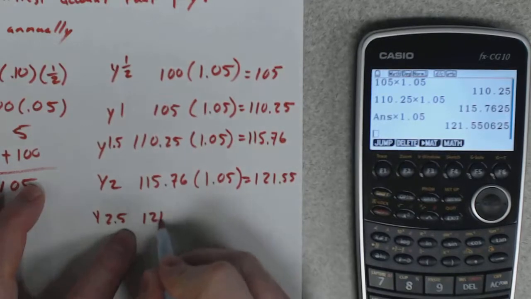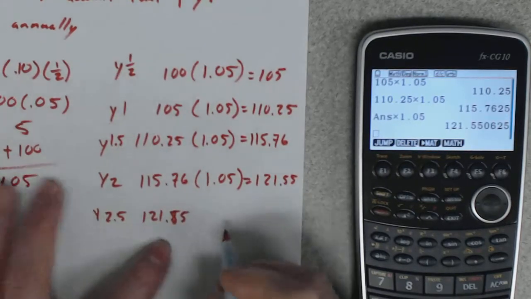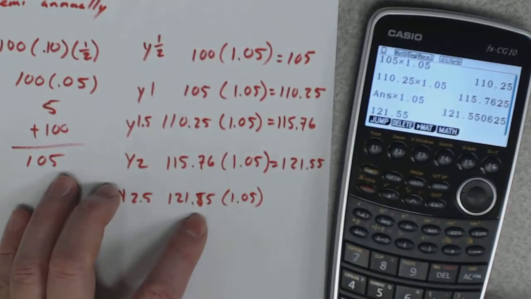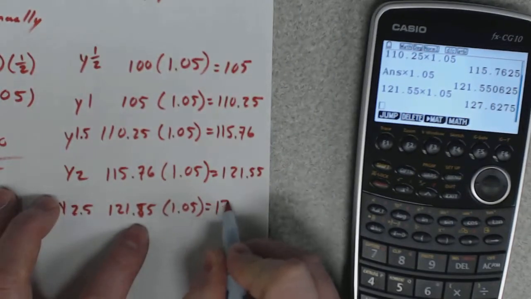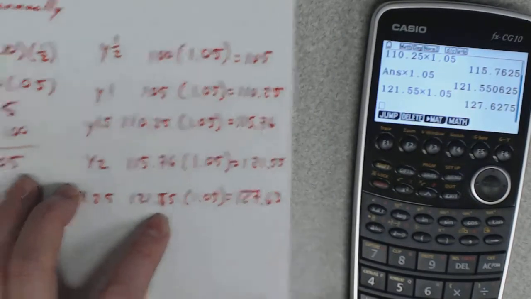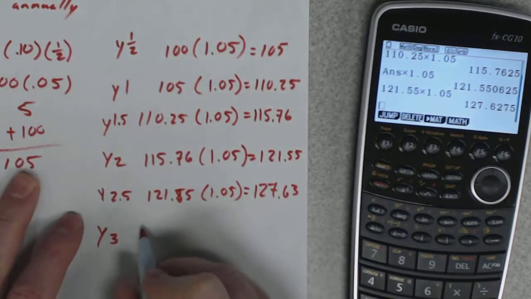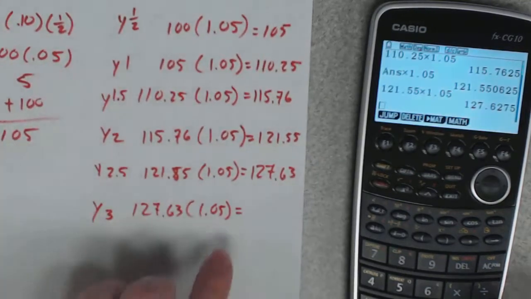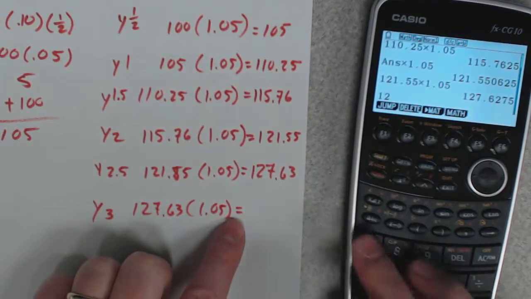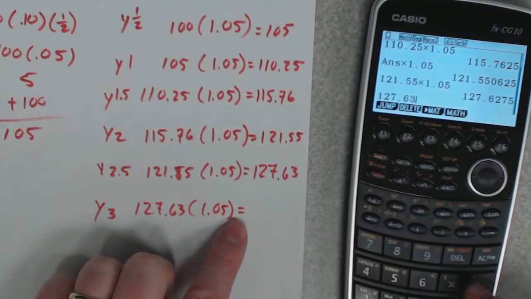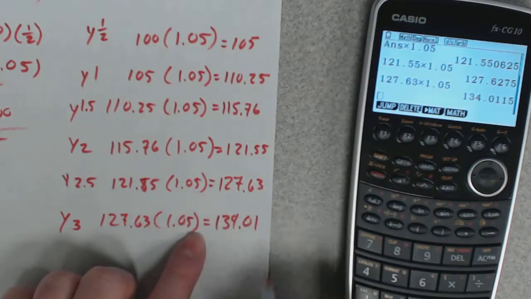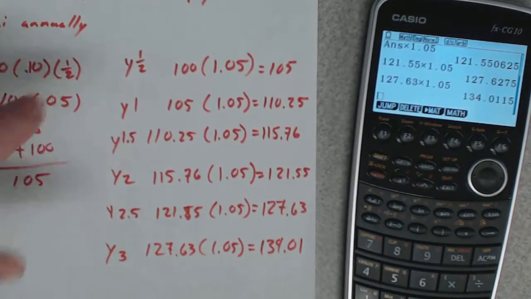So I take 121.55 times 1.05. You get 127.63. And then at year 3, well, it's 127.63 times 1.05. 134.01.